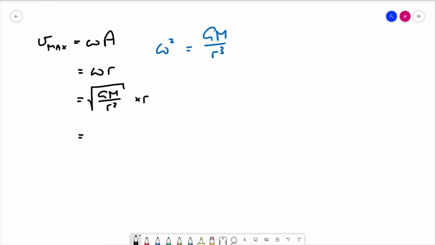Now, just to tidy things up, we can bring the r inside the square root. We're left with GM r squared over r cubed. We can do some cancellations with the r's, and we're left with root of GM over r.